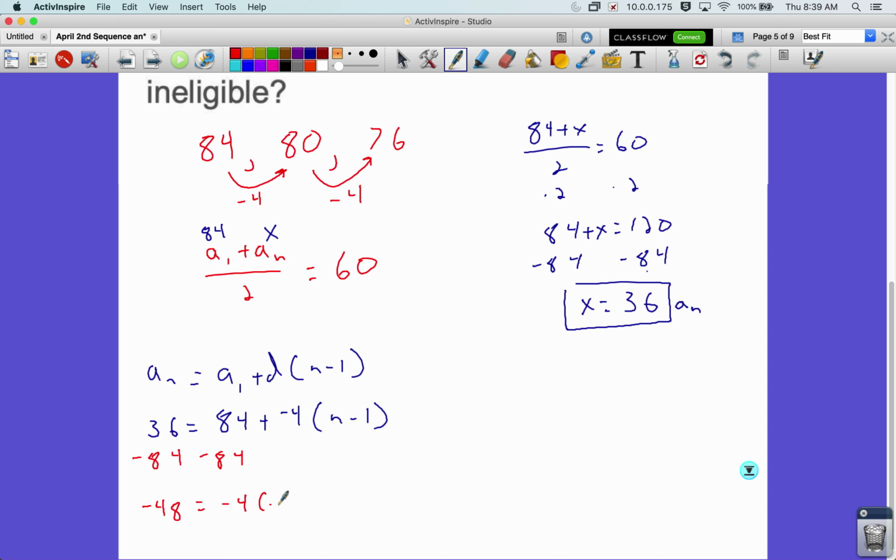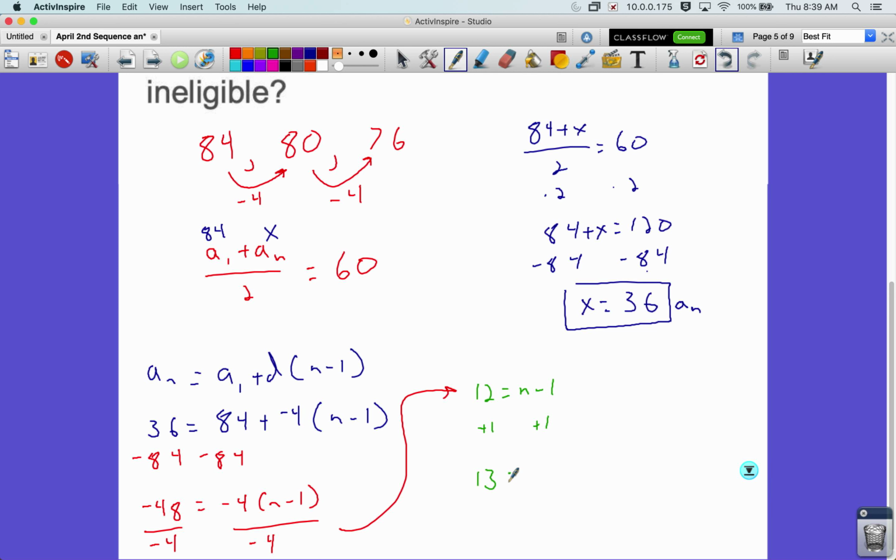So negative 4 times n minus 1, divide by negative 4, divide by negative 4. 48 over 4 is 12, so 12 equals n minus 1, add 1 to both sides.